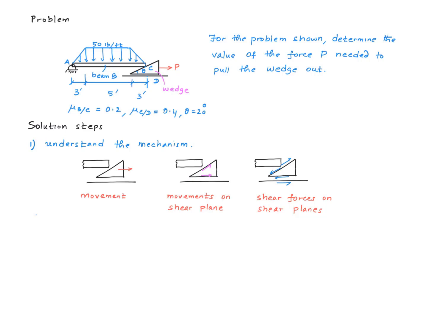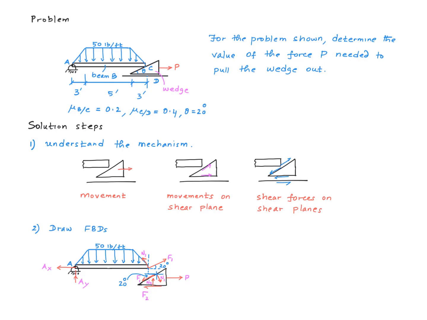The frictional forces are going to be opposing the movement, and therefore this is the direction of the frictional force on the wedge on that contact plane, and therefore on the beam we're going to have a frictional force that is equal in magnitude and opposite in direction. And similarly, this is the direction of the frictional force on the wedge at that point, and therefore on the horizontal plane that is supporting the wedge, it's going to be in the opposite direction.